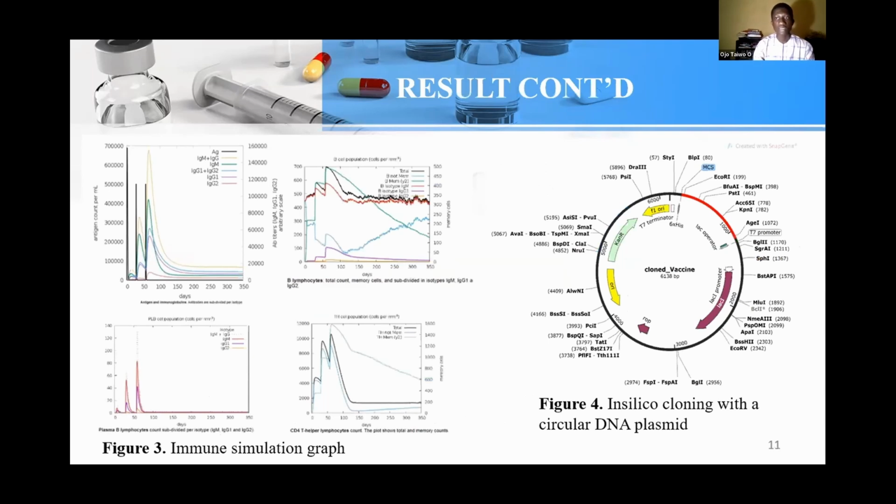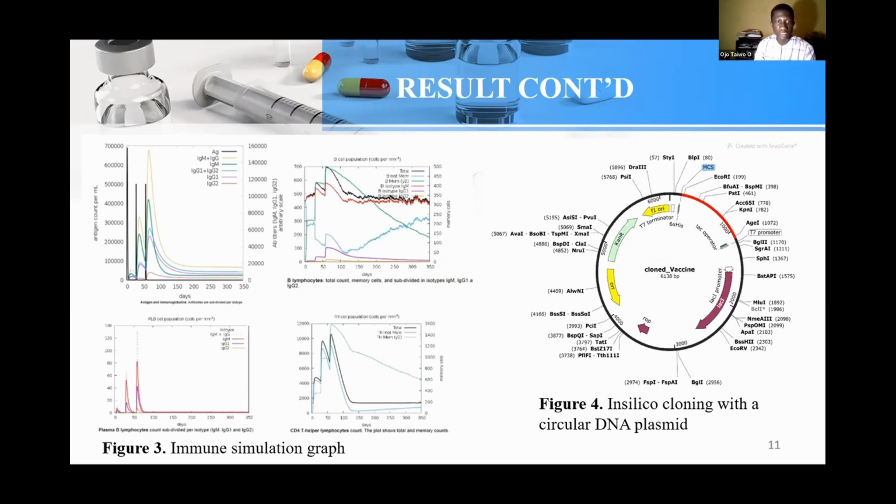Now, immune simulation. The point of introducing immune simulation is that you want to test whether there will be an immune response at all to this antigen, because we made use of the viral antigen in the making of the vaccine. The first graph shows the antigen and immunoglobulin count. As shown here, the simulated human body can respond to the antigen to produce immunoglobulin M and immunoglobulin G, which are the major antibodies used to combat viral diseases.